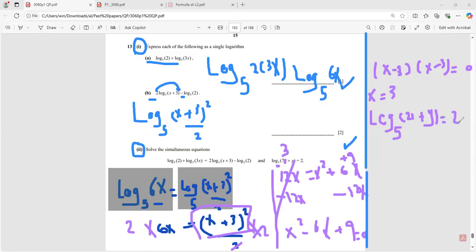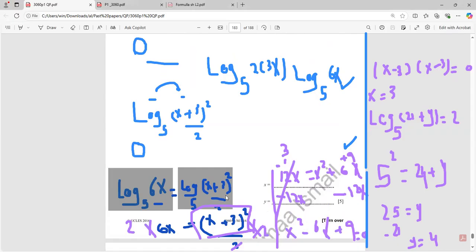So now 5 to the power 2, which is equal to 25, equals 21 plus y, which gives y equal to 25 minus 21. So y now equals 4, y equal to 4, and x equal to 3, and we did it.